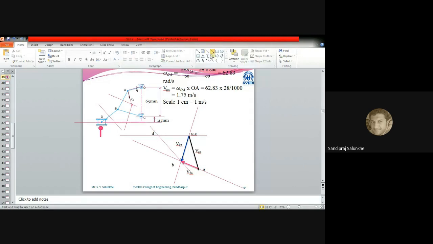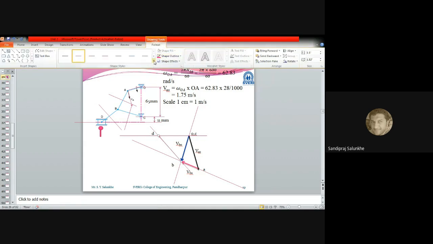So when you are drawing this vector from B to D, this vector is indicating velocity of point D with respect to B. And when you are drawing this vector from O to D, this vector is indicating velocity of point D with respect to O, or stationary point.